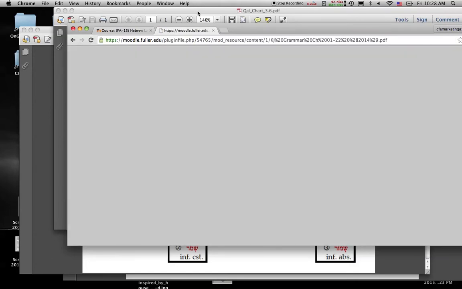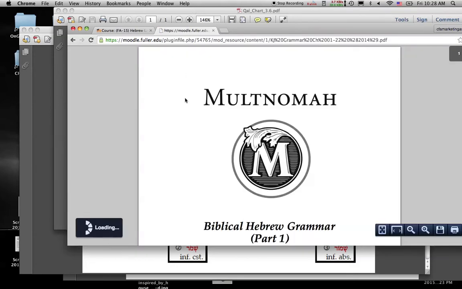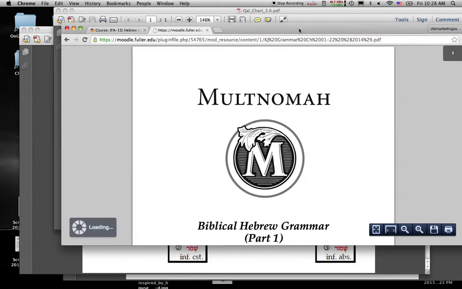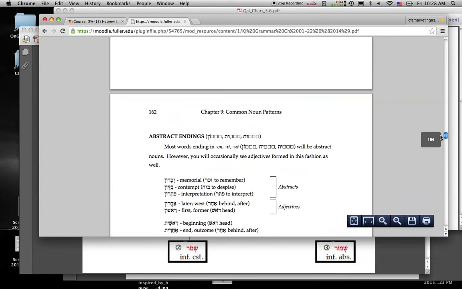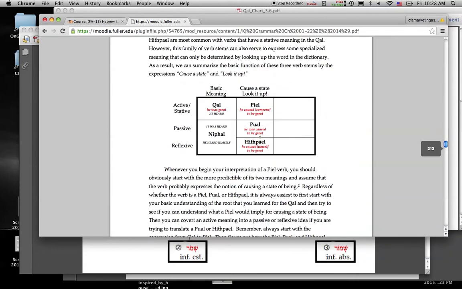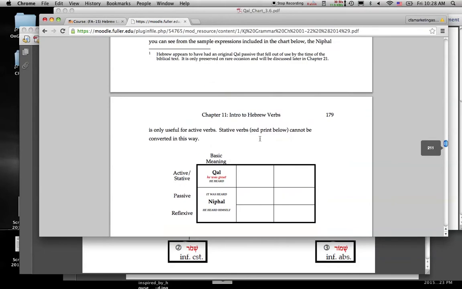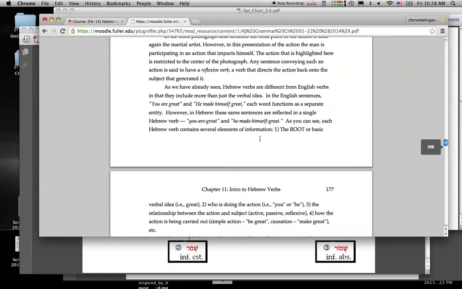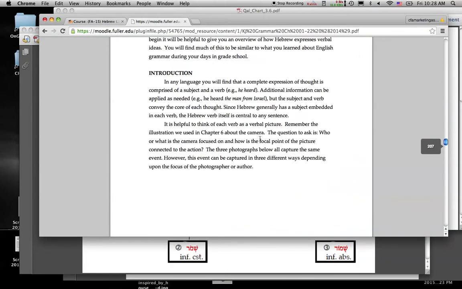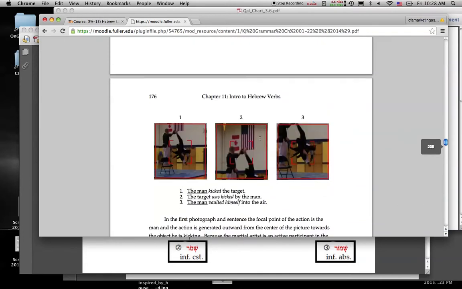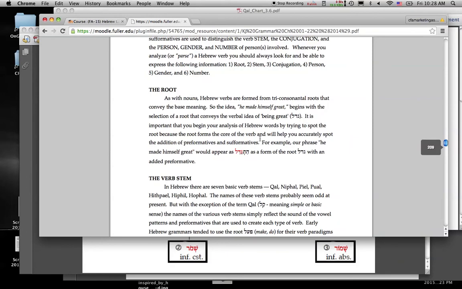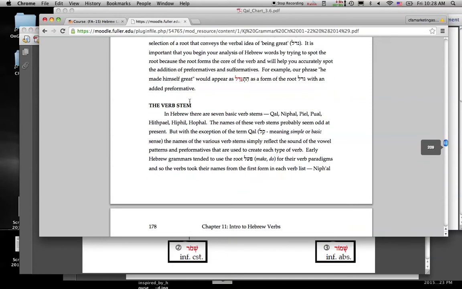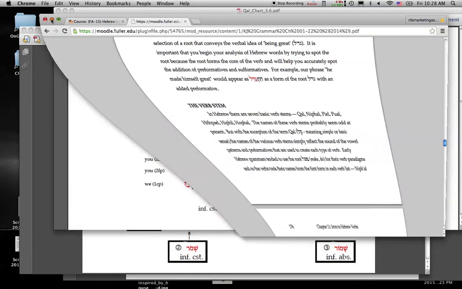That will really help you understand what's going on with the Hebrew verbal system, especially if you don't have a lot of background in verbs or in any sort of second language acquisition. It does a really good job of walking you through the verbs, the focus of verbal action, types of action, what the verb stems are, and what they mean. So do that. I'm going to assign that again.